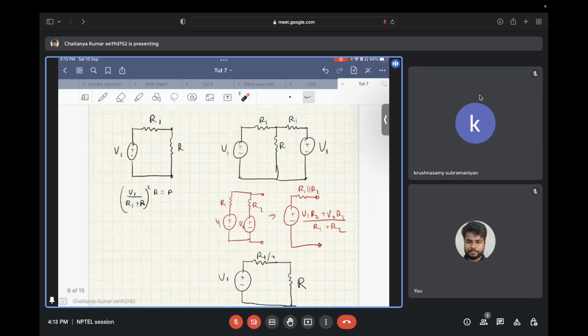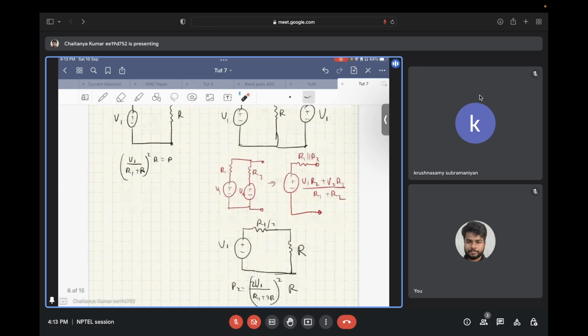In this particular case, since the V1s are identical and the R1s are identical, R1 parallel R2 becomes R1 by 2, and from this equation the voltage source remains as V1.